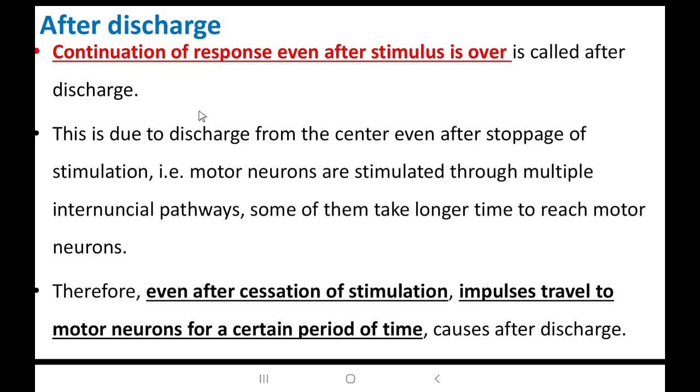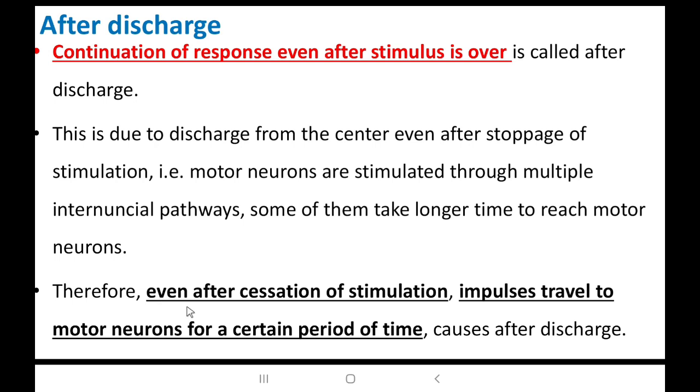After discharge, this is the next property. After discharge means continuation of response even after the stimulus is over. This is due to discharge from the center even after stoppage of stimulation. That is, motor neurons are stimulated through multiple internuncial or intermediate pathways. Some of them take longer time to reach the motor neurons.